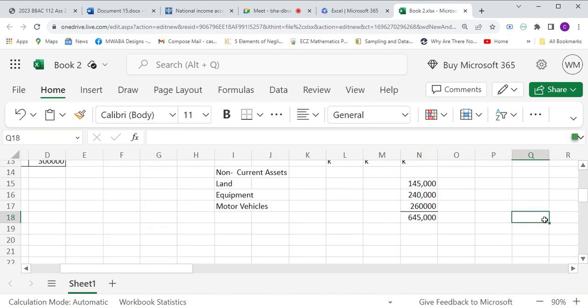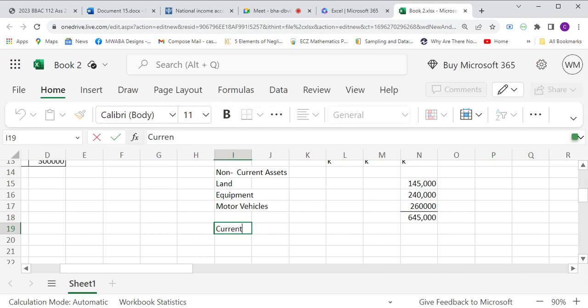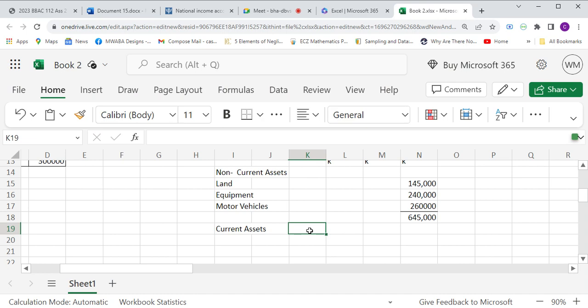All right. After you list your non-current assets, you're going to come to your current assets. We list them in order of liquidity. Liquidity is just converting these current assets into cash. So we'll start with the least liquid of all the current assets, and that is stock.